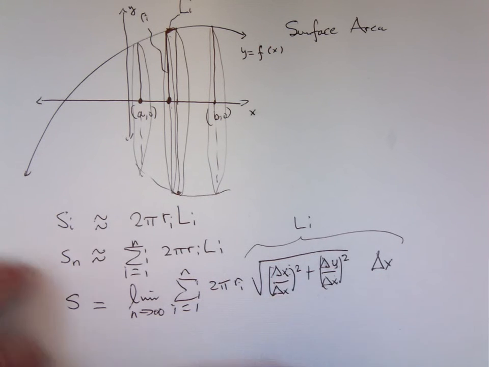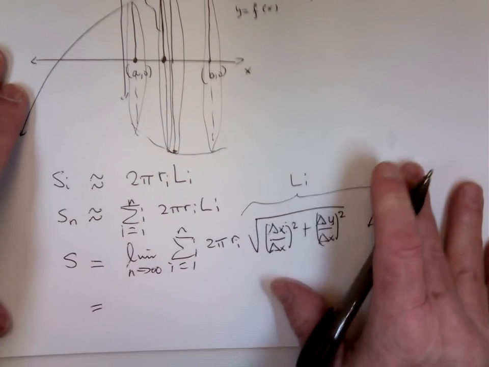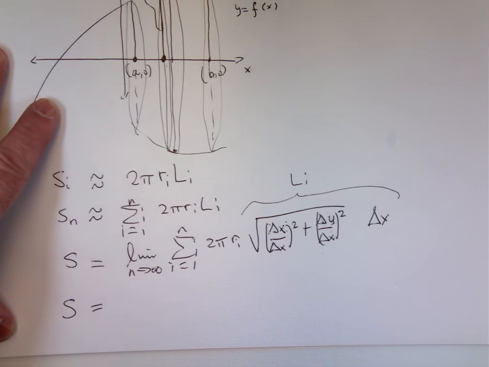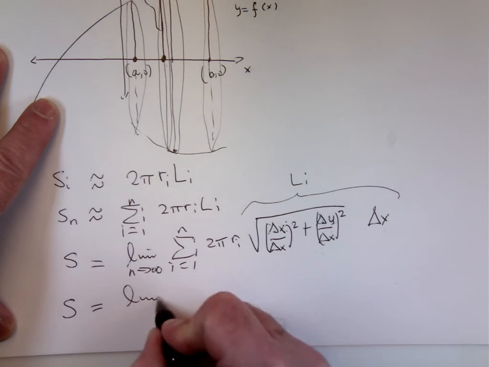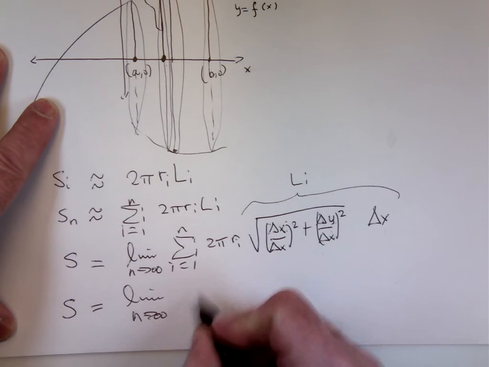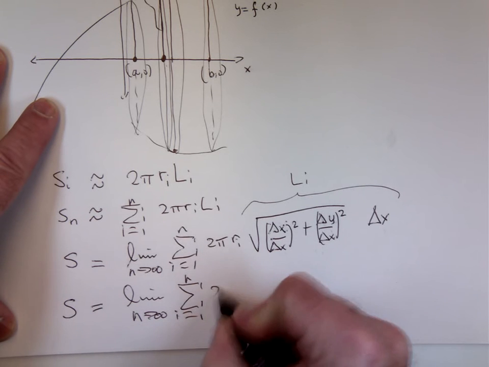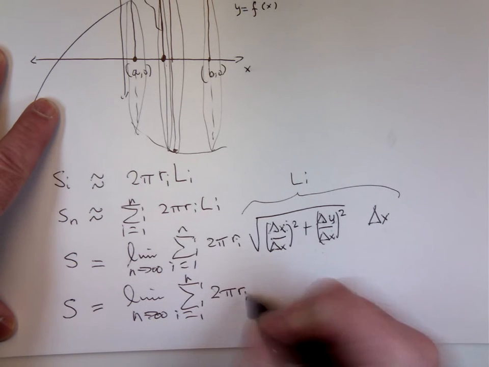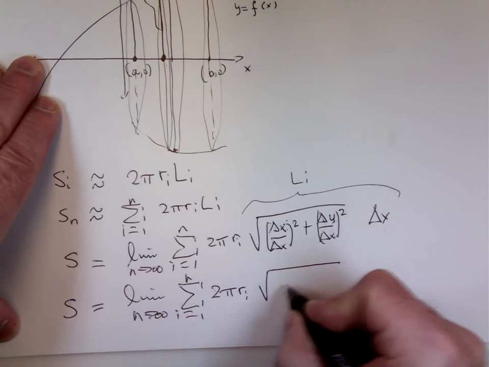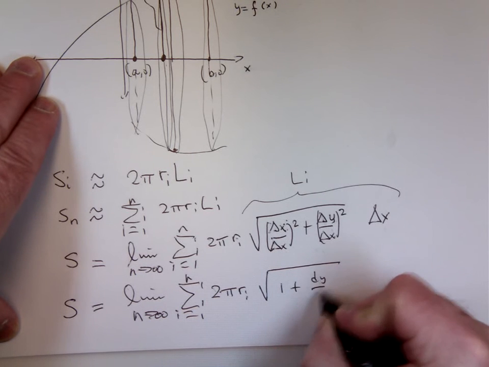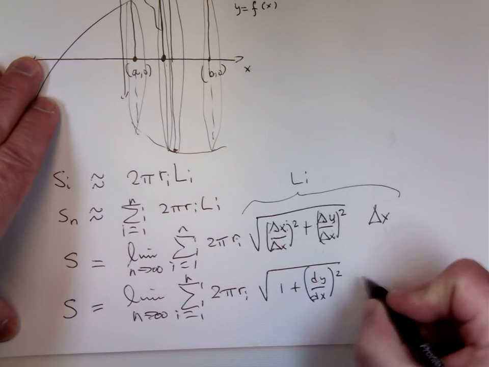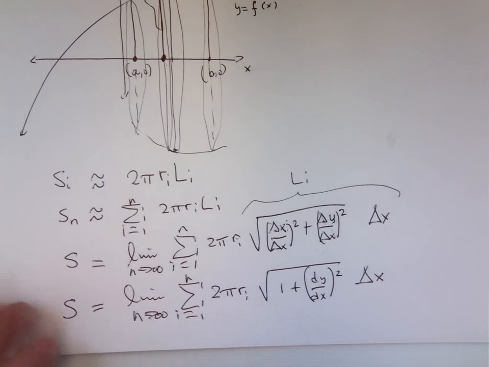The surface area is the limit as n goes to infinity of the sum of 2 pi r sub I square root of 1 plus the derivative squared delta x.